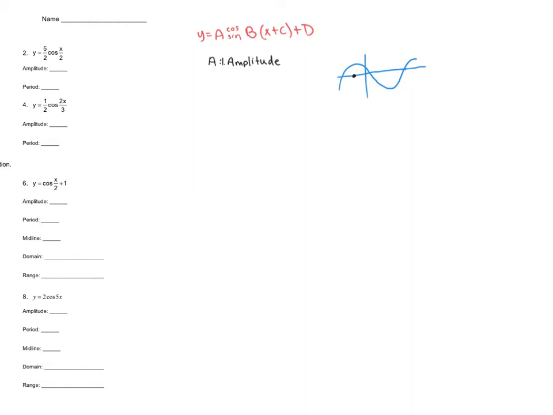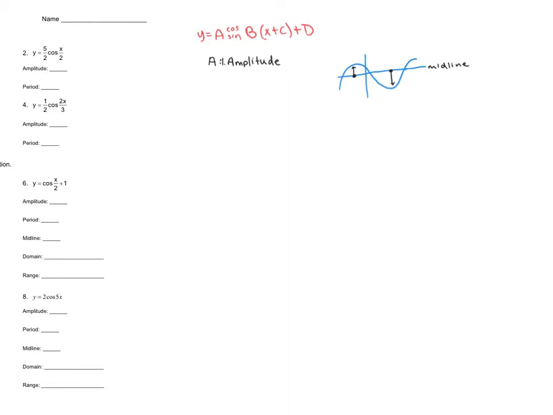From this point, to determine the amplitude, the amplitude is essentially past this midline. Assuming the midline is right here, the middle of the graph, this up to here is the amplitude, and from here all the way down to here. I'm sorry if that's not even, but it's meant to be even.